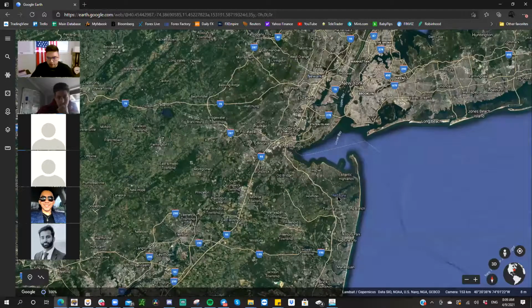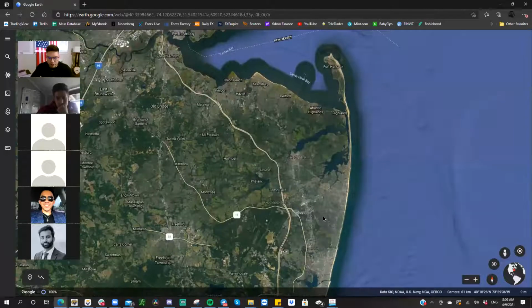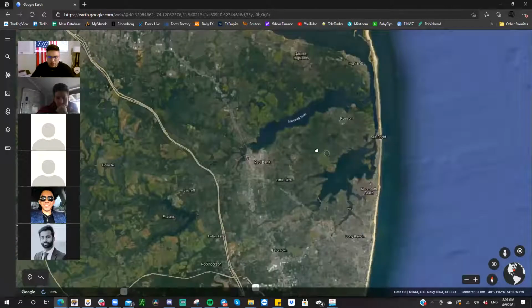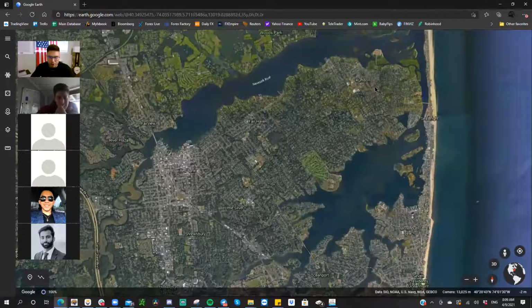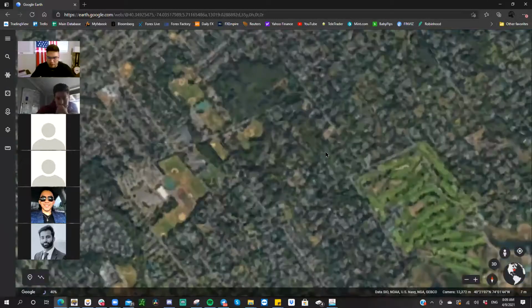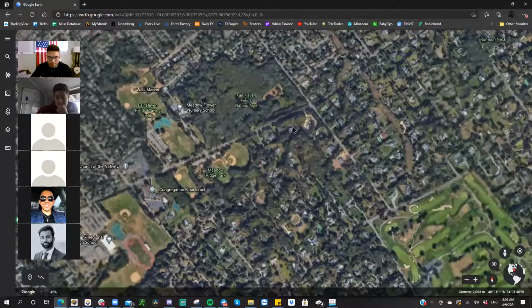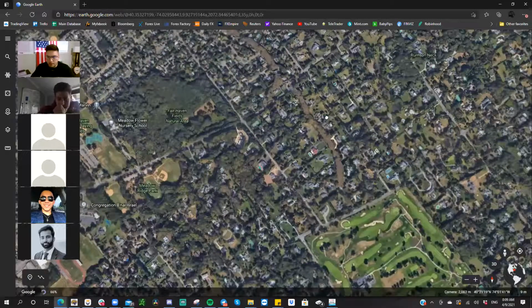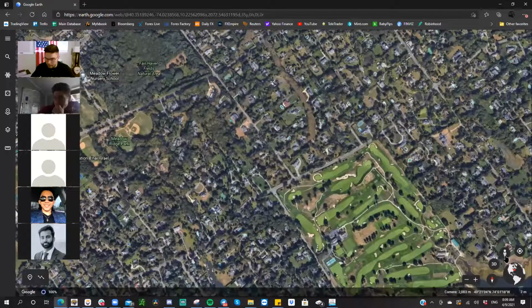Living over here is a very good area to have a driving company, just because of the location and also the socioeconomic status of the people that live around here. Rumson is a very wealthy island right over here. Very big houses. I don't know if I could show you, to give you an idea of how big these houses actually are.